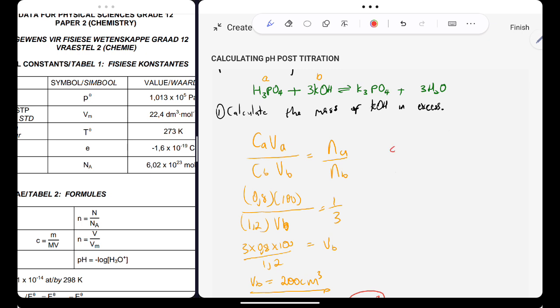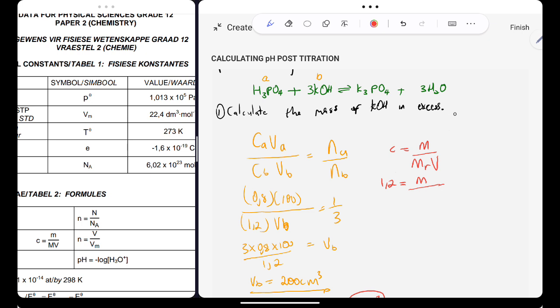So for me to find the mass of the potassium hydroxide in excess, I'll simply use this equation. Concentration is equal to mass all over the relative molecular mass multiplied by volume. I do know my concentration is 1.2. I do not know the mass of my base.